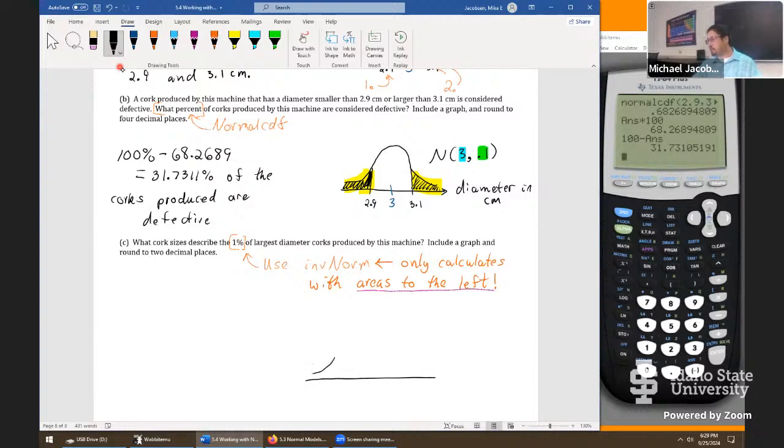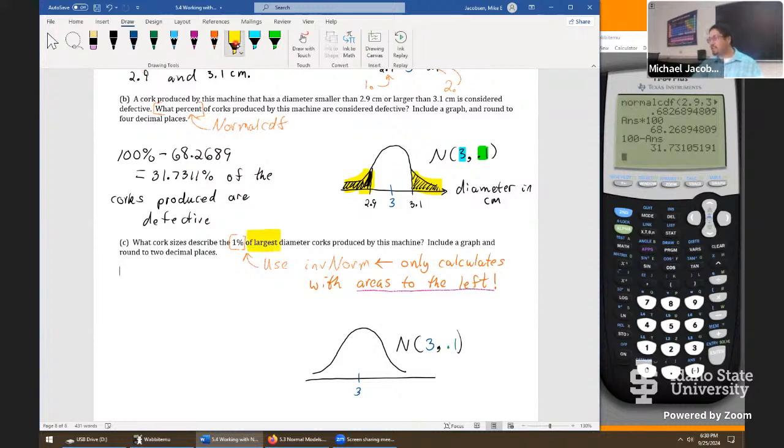Let's start by just writing down the model. Here it goes. N3 and 0.1. Okay, so we've got the model indicated there.